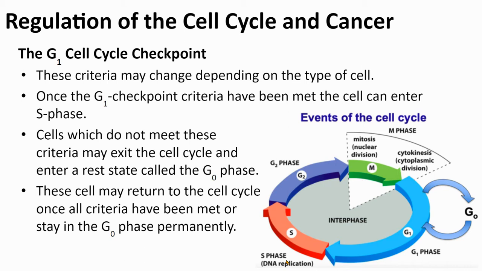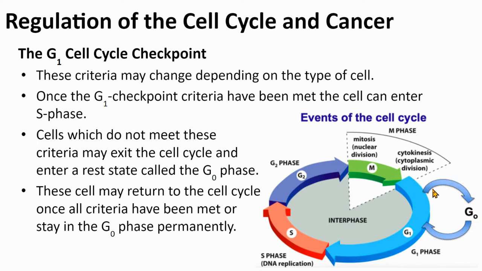Cells which do not meet these criteria may exit the cell cycle and enter a rest state called G0. That's this right here. And they will not go through this cell cycle. So they'll just be a regular cell. They're not dividing. These cells may return to the cell cycle once all criteria have been met or stay in the G0 phase permanently.